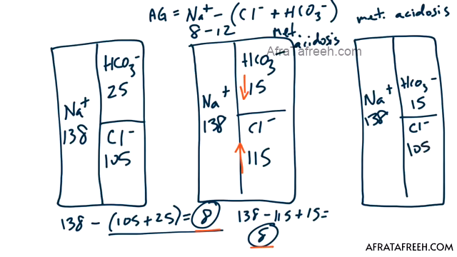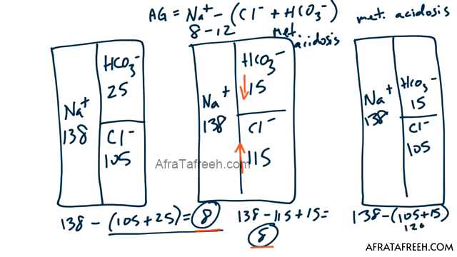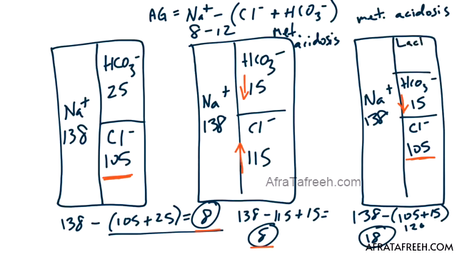If we plug these numbers in, we get 138 minus 105 plus 15, or 138 minus 120, which is 18. You can see that as the bicarbonate decreased by 10, the chloride did not increase. It stayed the same. In this case, there's an increase in unmeasured anions like lactate, phosphate, sulfur, or others.